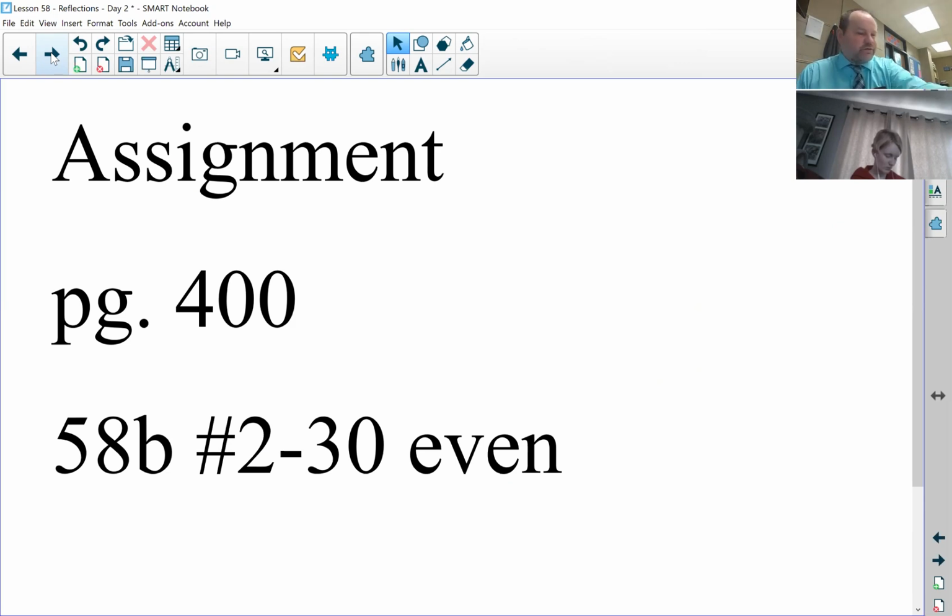Just because we're going to do a lot of graphing this unit, this chapter. And I know it's much easier on graph paper to get a precise graph. And if you need it, I can make it available for you.